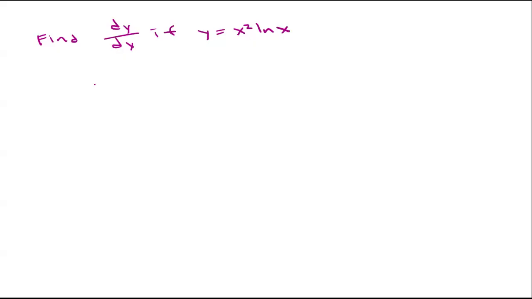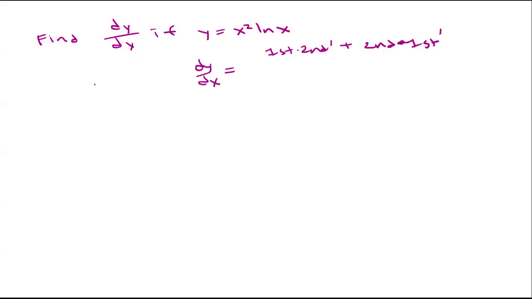All right, so this one we want to find dy dx if y is equal to x squared times ln of x. So in this case, we need to use the product rule to find our derivative here. The derivative will be dy over dx, and we're going to use the product rule: first times the derivative of the second plus the second times the derivative of the first.